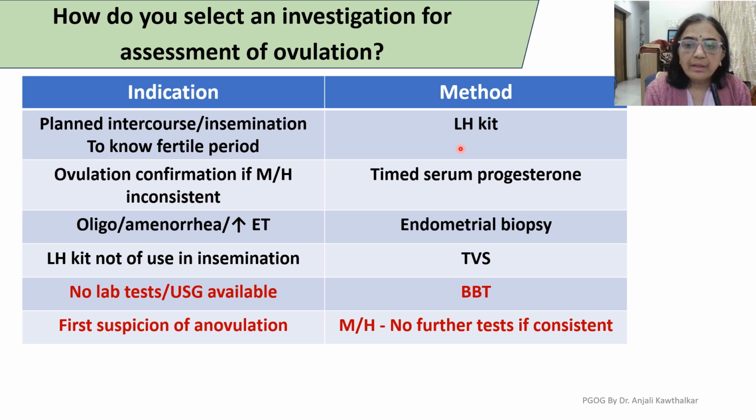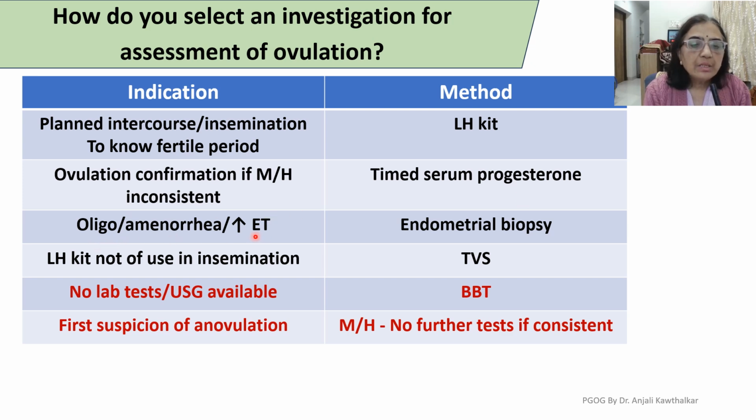It gives us a clear indication that in the next 24 to 48 hours there is a likelihood of ovulation taking place. If we want to confirm ovulation, and the menstrual history is not consistent, then an appropriately timed serum progesterone will be our investigation of choice.